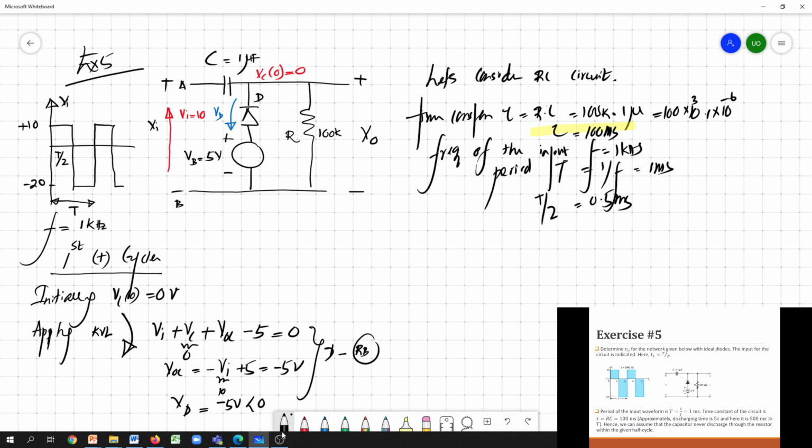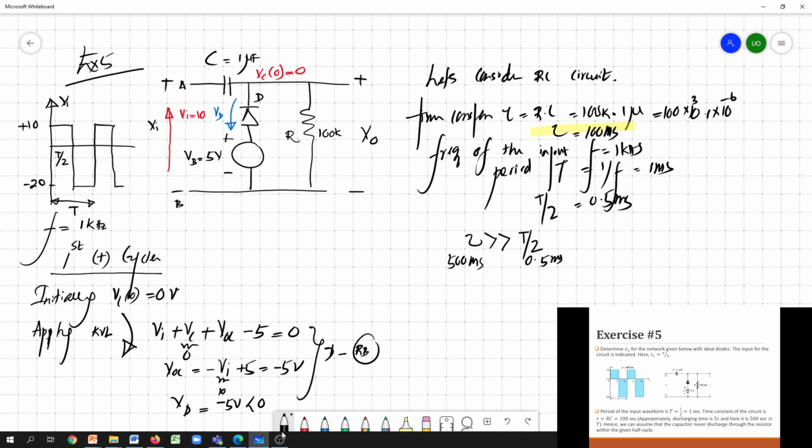So this RC circuit needs 500 milliseconds to charge to a particular voltage or discharge to 0 volts, but we change the input within 0.5 milliseconds. So tau is pretty high compared to T by 2.